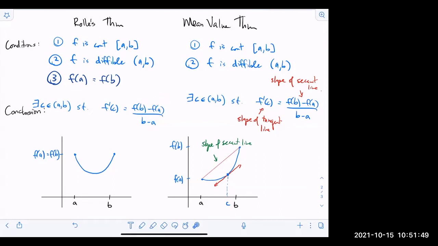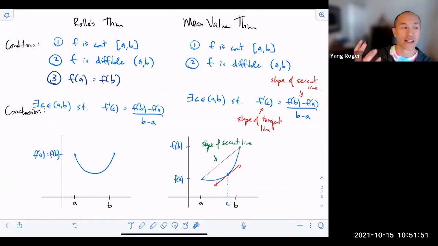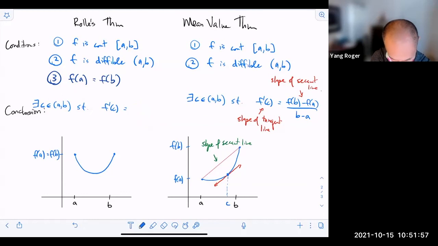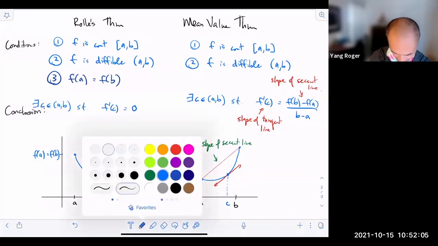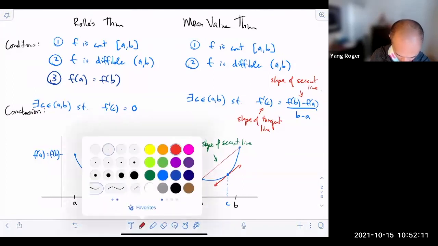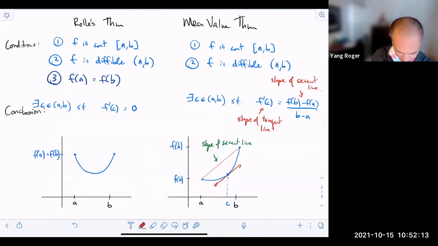Zero. Correct. So zero over any number is zero. Then we come over here, erase this, and say that when you have that extra condition, it's equal to zero. That's why I keep saying Rolle's theorem is a special case of the mean value theorem. If we drew a picture, it looks something like this, and I described this to you on Monday.